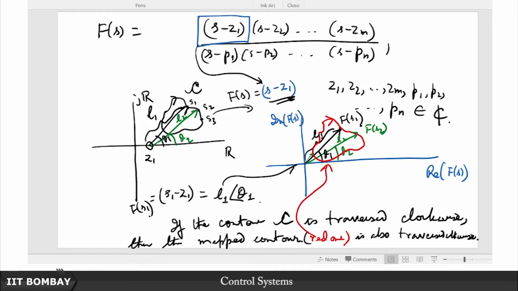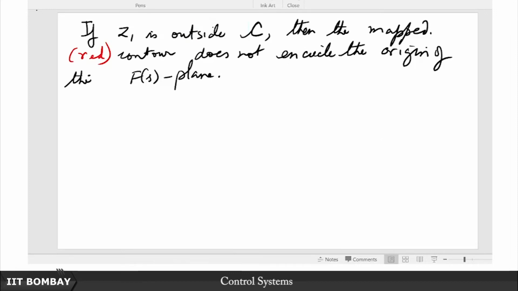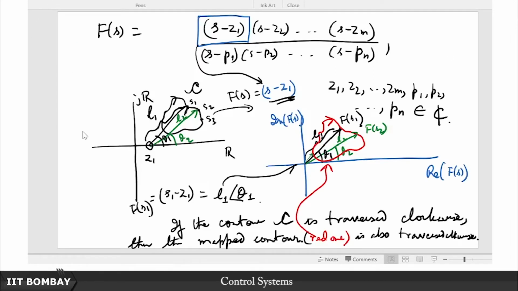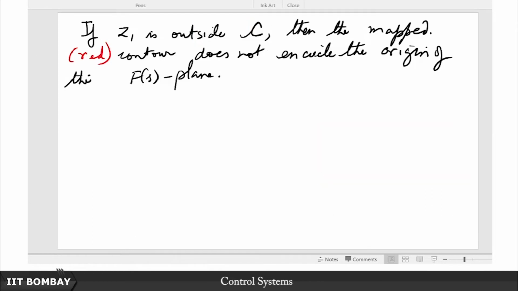So if I am making so much of an issue about it, I wonder if this point Z1 were inside this, would things have been different? Let us quickly check. So suppose now I have this same Z1 here, and I choose a contour such as this.